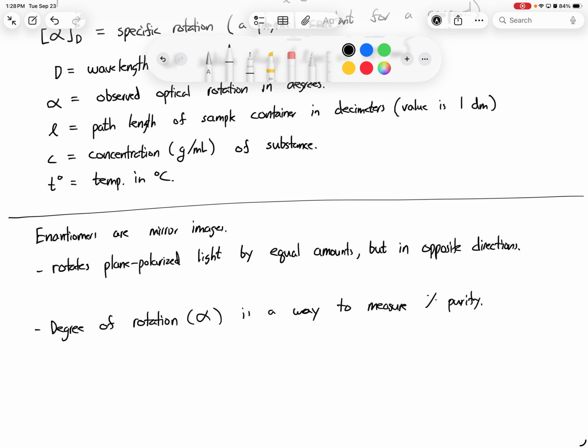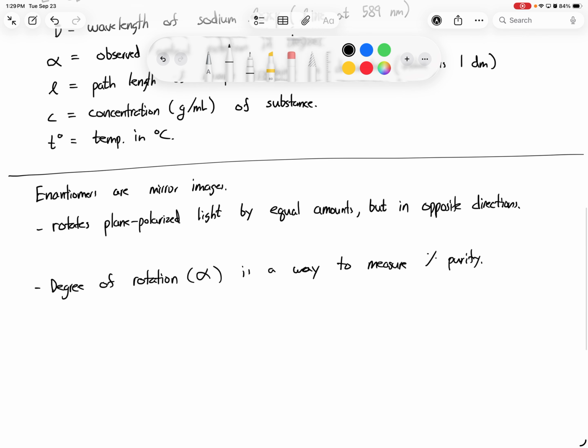Most drugs are chiral, okay? Like some of the bigger ones. Simple ones like acetaminophen, Tylenol and all that, are not stereoisomers, but when you get to more complicated drug molecules, they have many chiral centers, so that degree of purity will be important. Okay? All right. So what I mean by percent purity is optical purity.